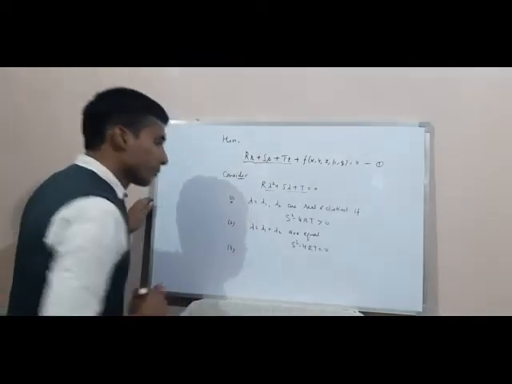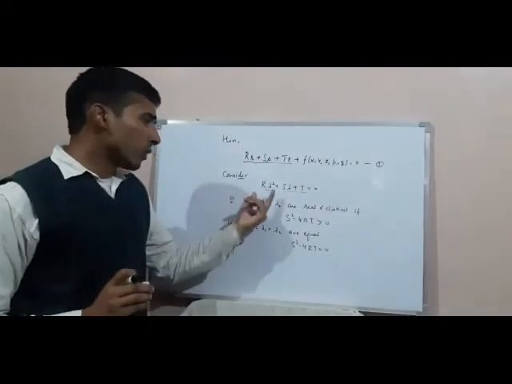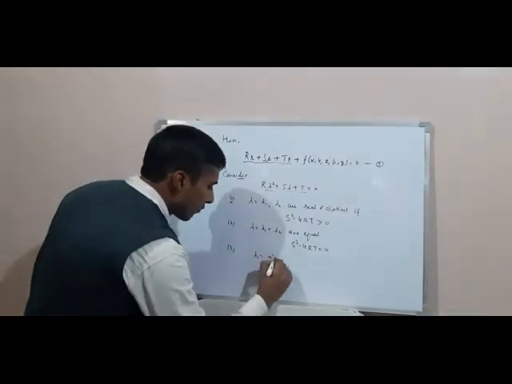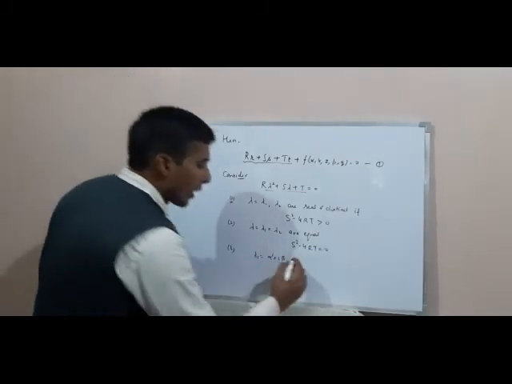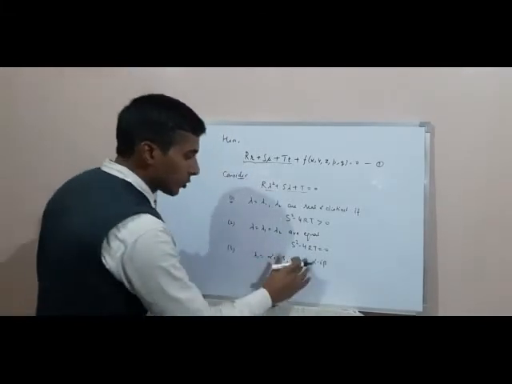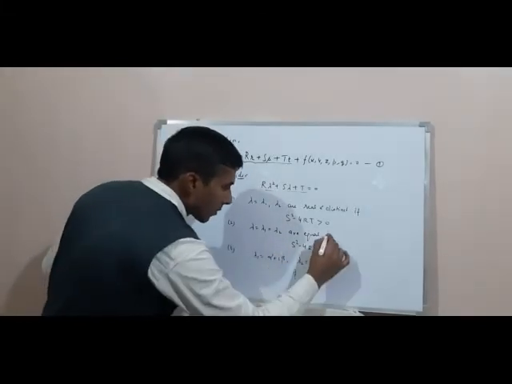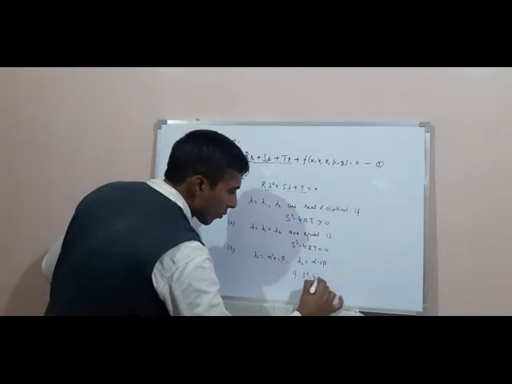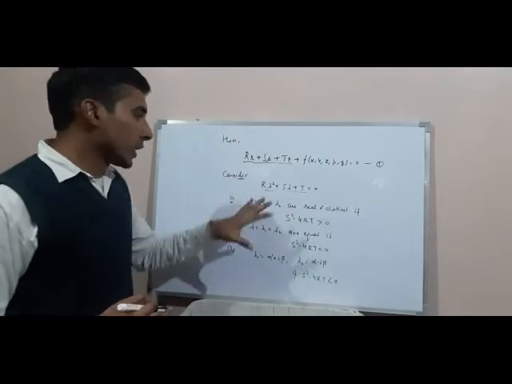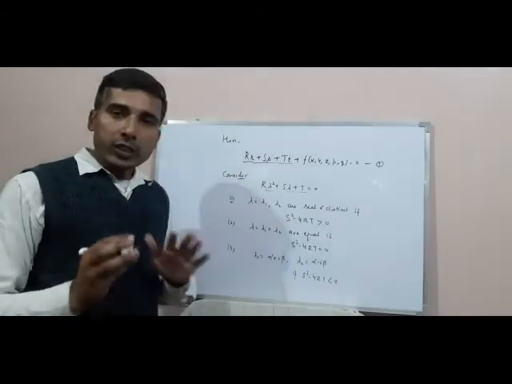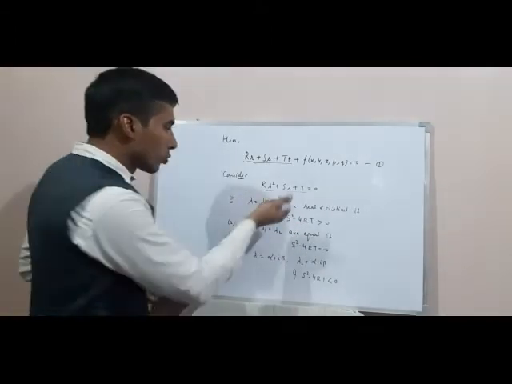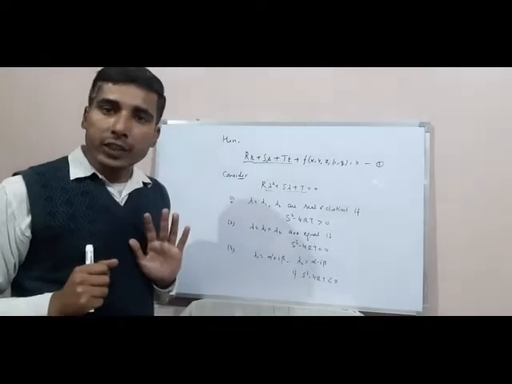The third one is that the values of lambda may be complex. That means λ1 is α + iβ and λ2 is α − iβ, and this is possible only if S² − 4RT is less than 0. So from this we conclude that if the given partial differential equation is hyperbolic, then we will always get two values of lambda which are real and distinct.